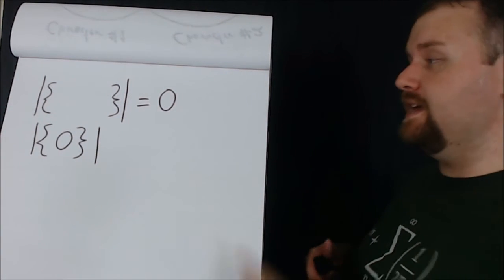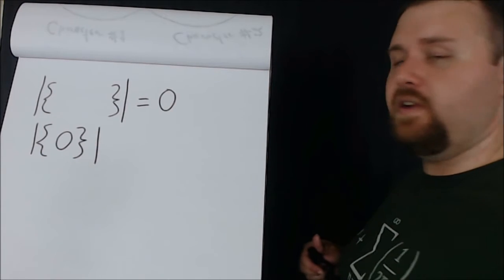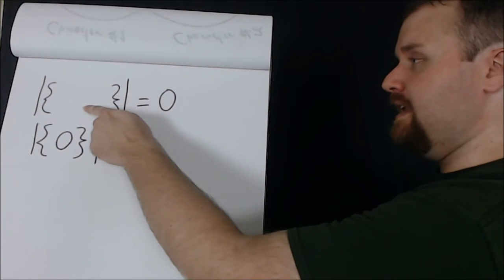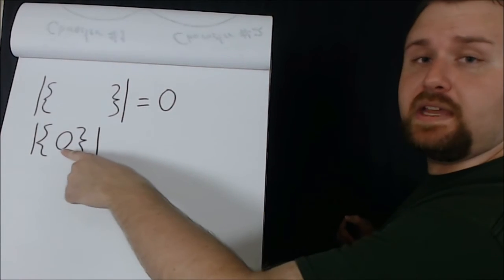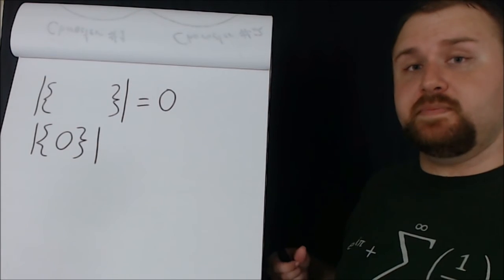So my new set has this thing in it. Now, this is clearly a different cardinality from my first set, the empty set, because this had nothing in it, and this has something in it.